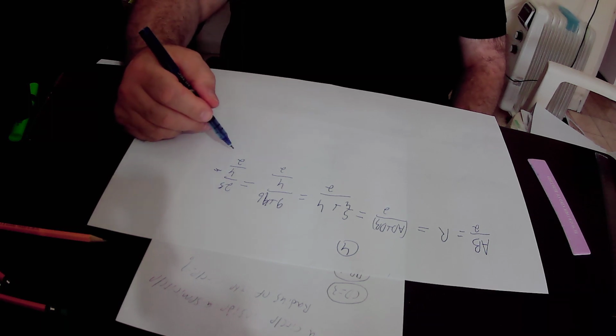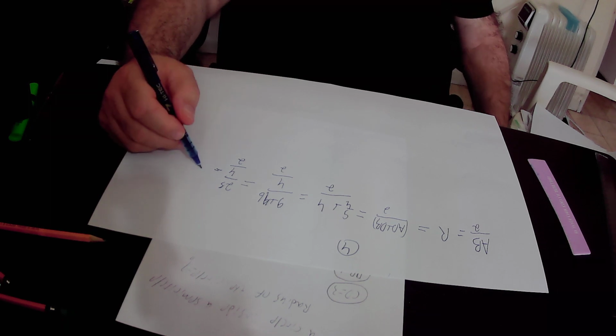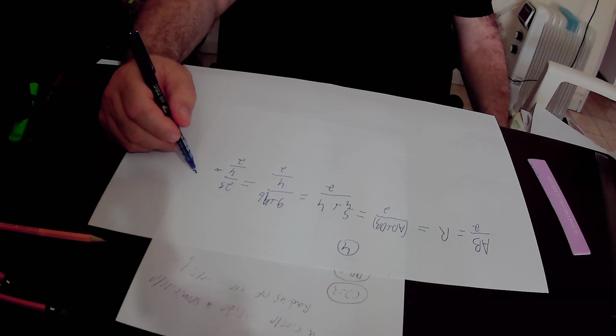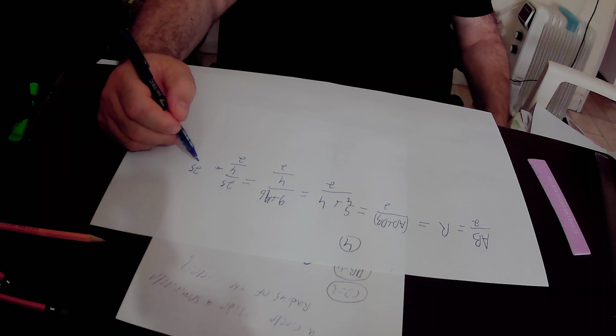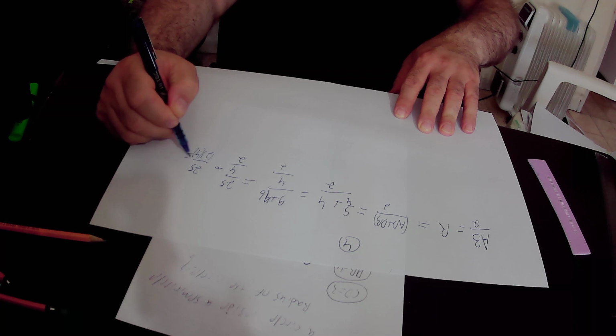Here we move the 2 to the denominator, and we get that the radius of the semicircle and the circle itself is equal to 25 over 2 times 4. 2 times 4 is 8.